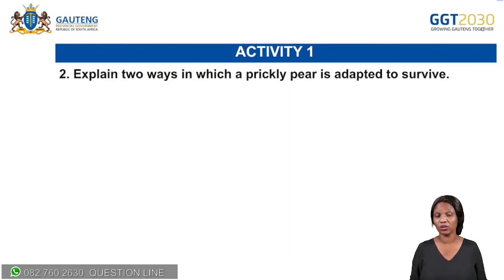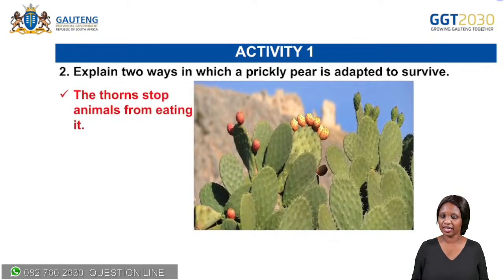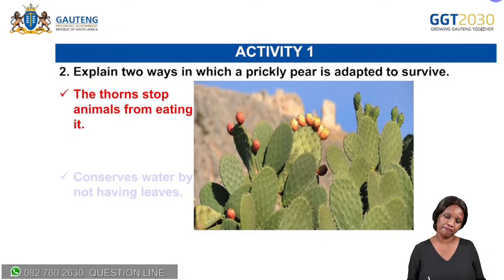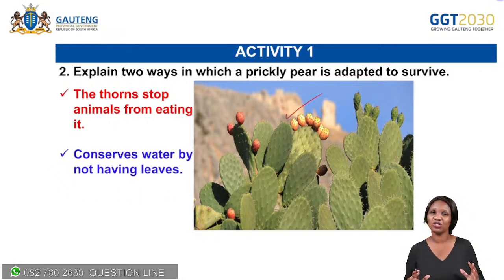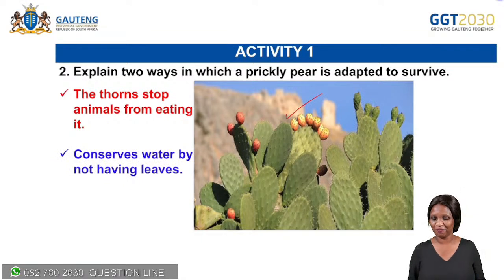And then let's look at question number 2. Question number 2 says, explain 2 ways in which a prickly pear is adapted to survive. Let's look at the prickly pear. This is a prickly pear. And then the thorns stop the animals from eating the prickly pear. Okay.